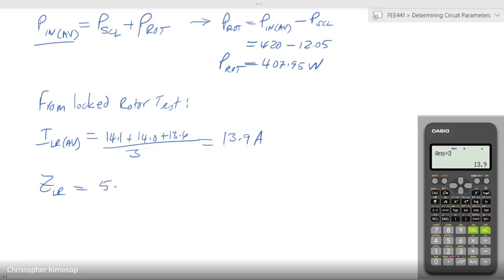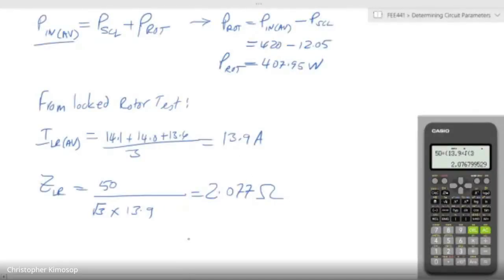So it is 50 divided by √3 times your current, which is 13.9, which gives us 2.077 ohms. And that is our locked rotor equivalent impedance. Okay.